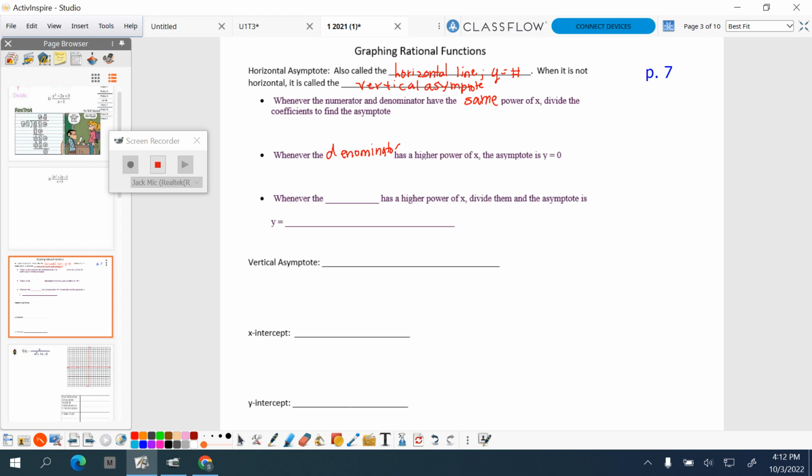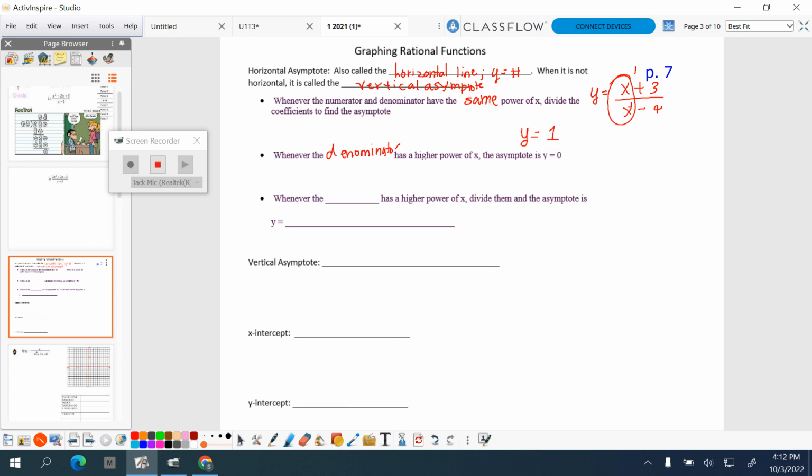So let's look at some examples here. If I have y equals x plus 3 over x minus 4, I want to find my asymptote. So I'm going to look at the powers here, right? I'm looking at my leading x terms, and that asymptote is going to be 1.